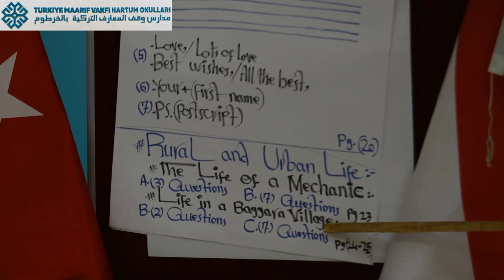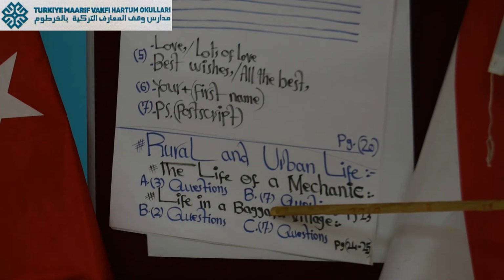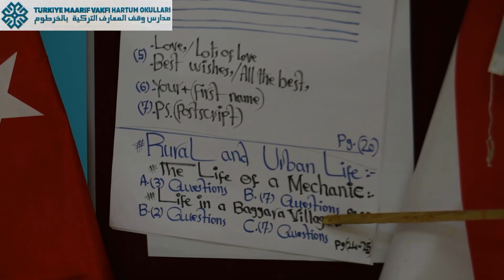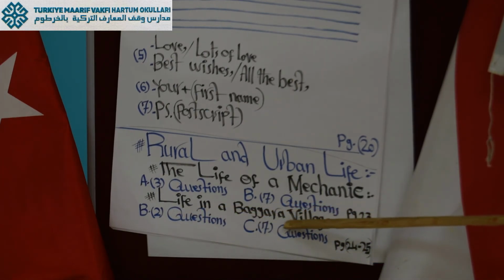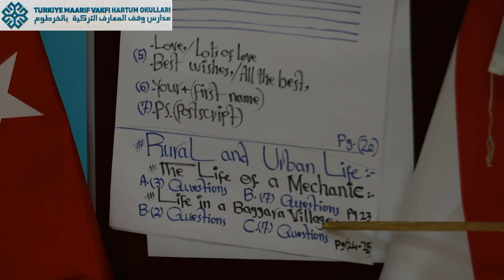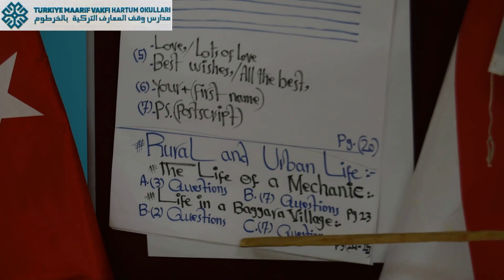And of course, a village is well known. The village is a place where people in the countryside live. So read that passage, life in a Bagara village, carefully. And I am sure it is easy. That's why I say read it carefully and answer the following questions.